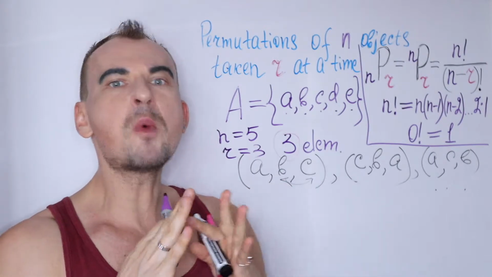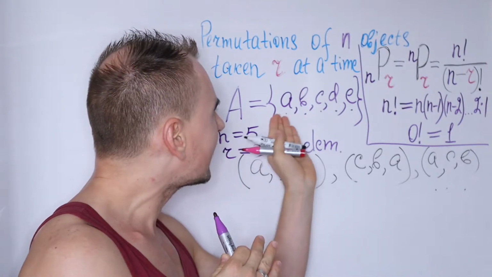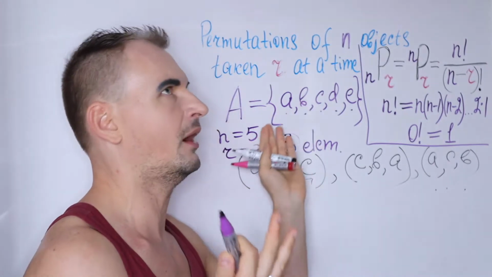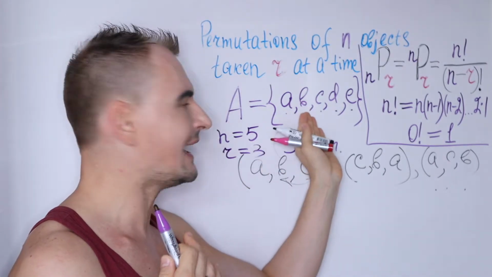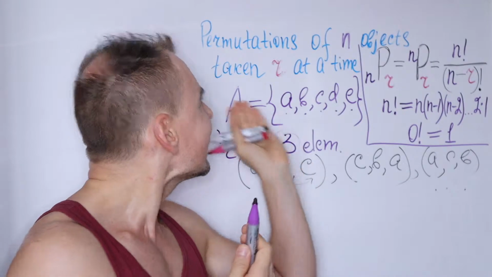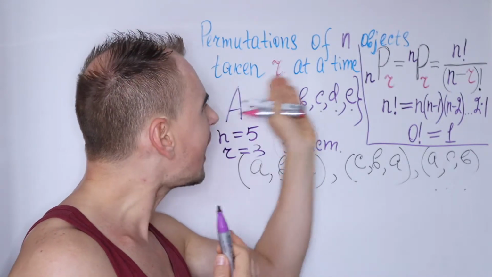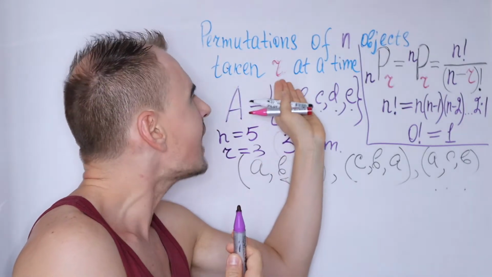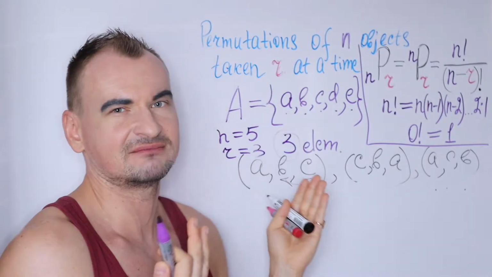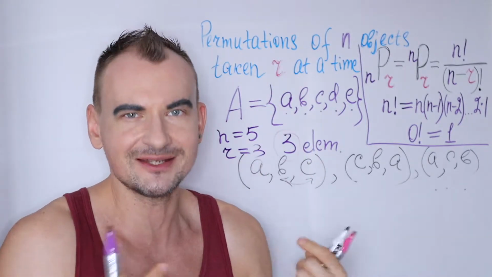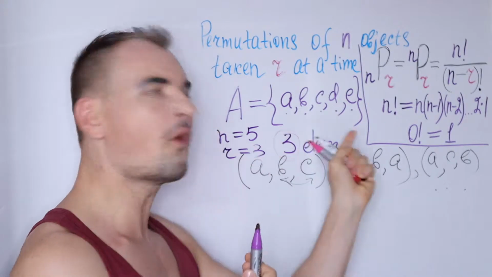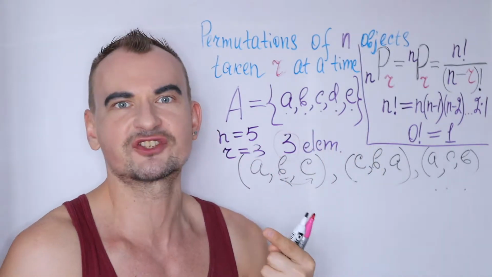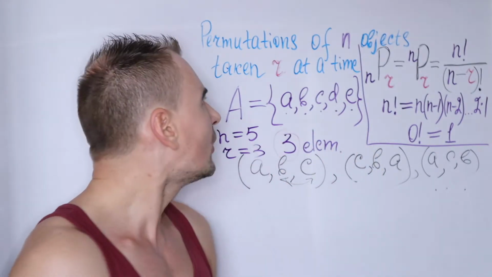Now, in case you are wondering, could I take any 2 elements? Yes, you can. Taken r at a time means that r is generally less than n. It could be equal to n, but generally it's less than n. So you could pick 4 elements, you could pick 2 elements, even 1.